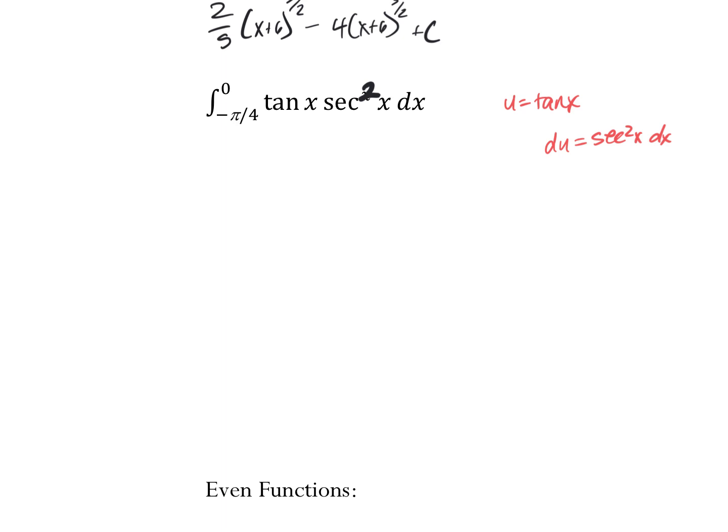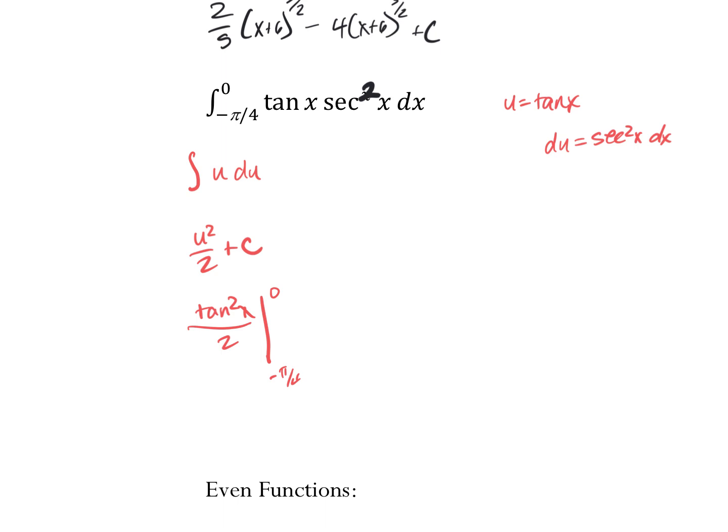Okay, you have two options on how you proceed from here. You could just integrate u du, get u squared over 2 plus c, which is then tan squared x over 2, evaluated from negative pi over 4 to 0.